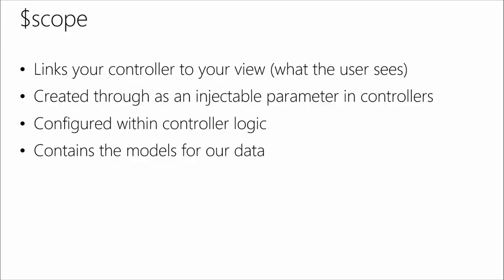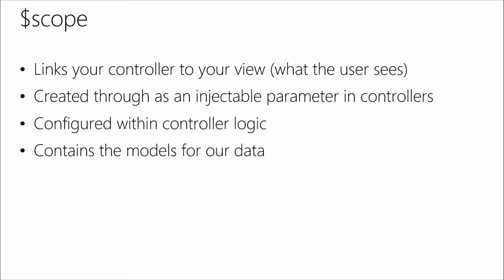Something really important is that scope that you see we passed in before. What that scope does is it links your controller to your view. That kind of sounds confusing, but basically, whatever you attach to that scope is going to be made available to your template view as a variable.